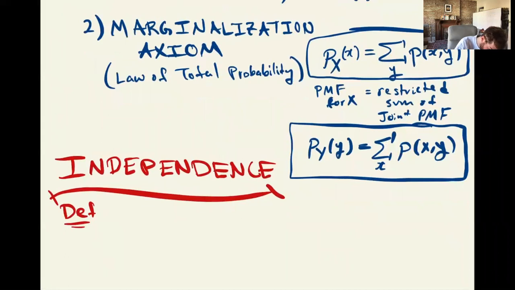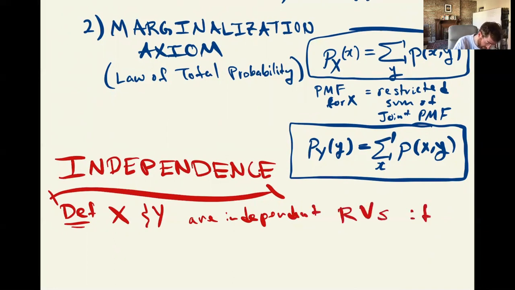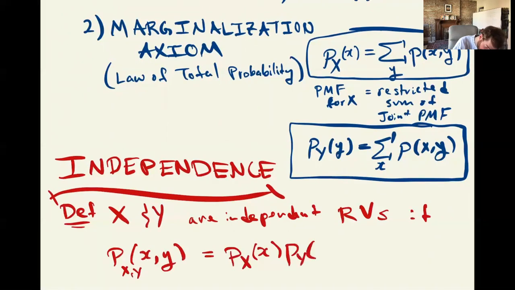So we say that x and y are independent random variables if the joint probability mass function for x and y can be obtained just by taking the product of the probability mass function for x times the probability mass function of y across those x and y.